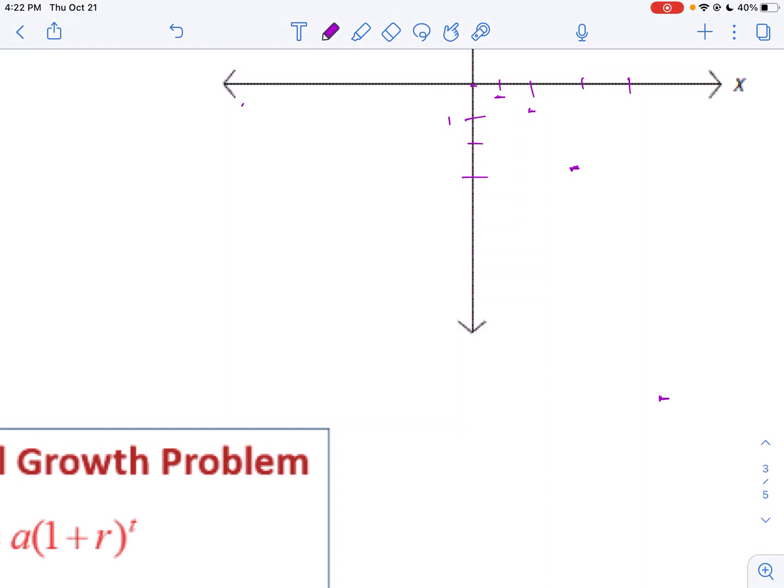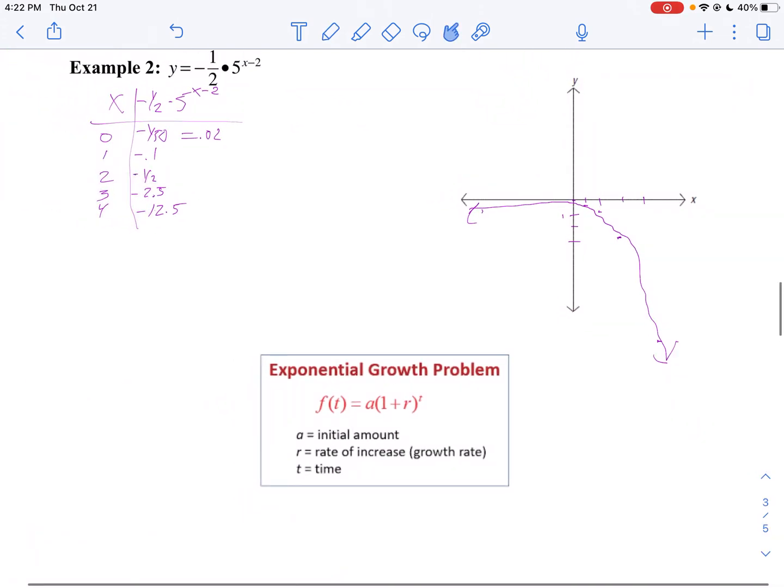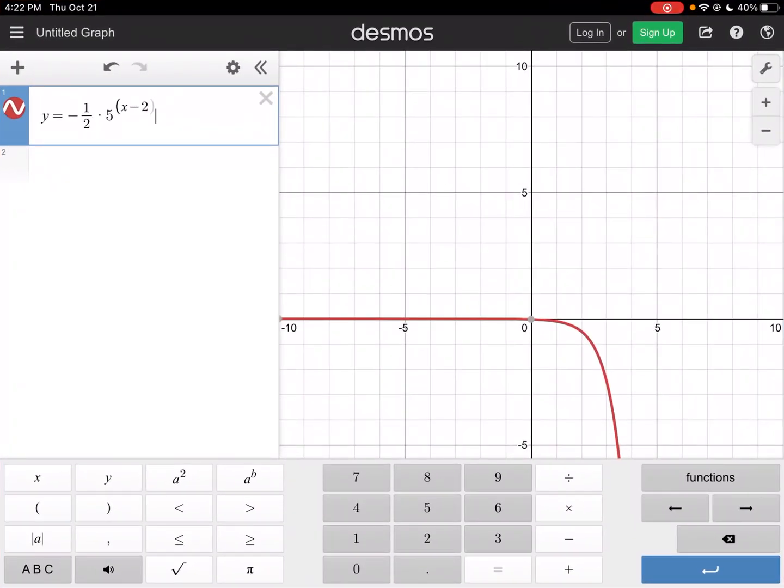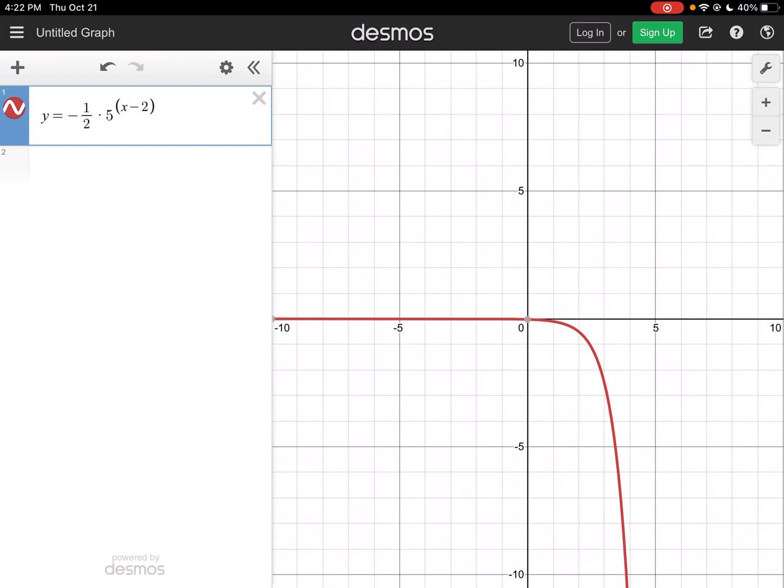So then I could look at my graph like that. And obviously you can use technology, and I've done that already. So here's our graph. Look at your domain. Because of our transformations, our domain is still all real numbers.